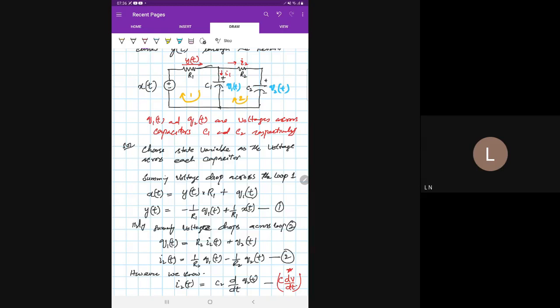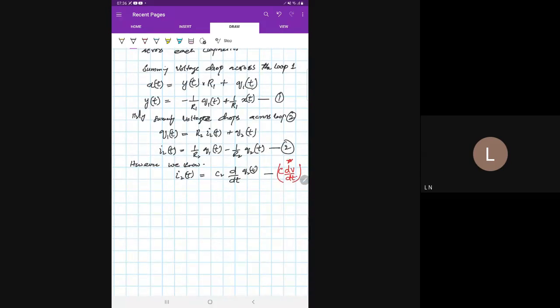Whereas Q2 is the voltage, so that is why we are writing dQ2 of t by dt. So we also know that current I2 can be calculated by C dV by dt.